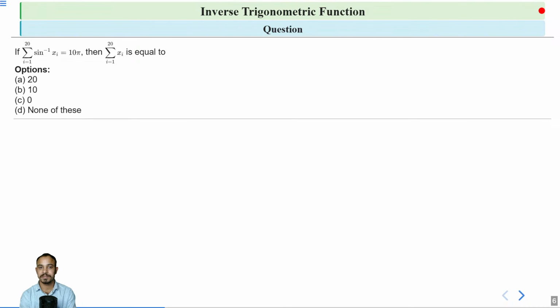Which option is correct here? It will take hardly 1 minute, so within 1 minute give your answer. Are you trying? Write your answer.